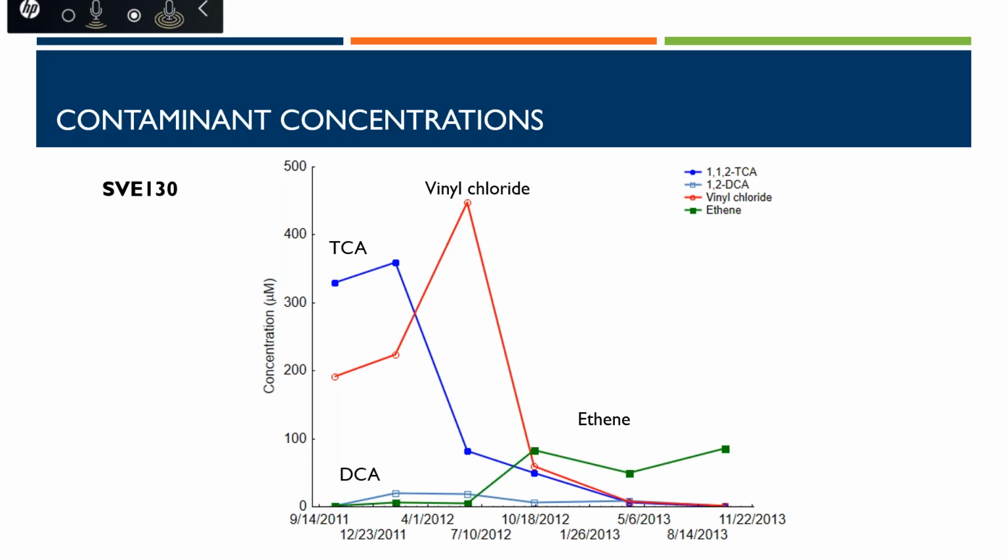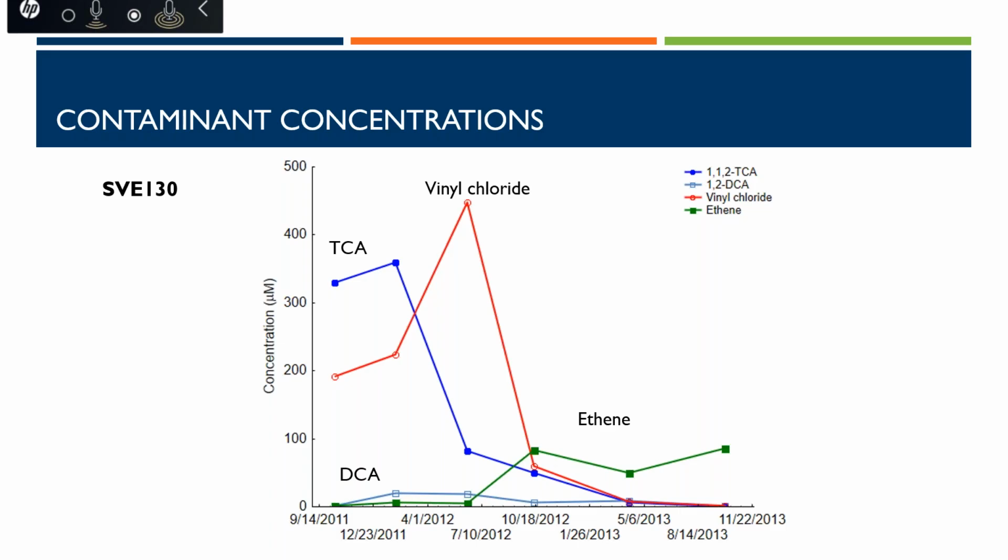Now looking at the contaminant concentrations, we also saw the effectiveness of the injection. There were decreases in 1,1,2-TCA concentrations accompanied by substantial but transitory increases in vinyl chloride, and this is shown for well SVE 130.